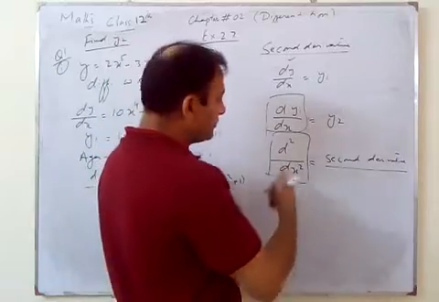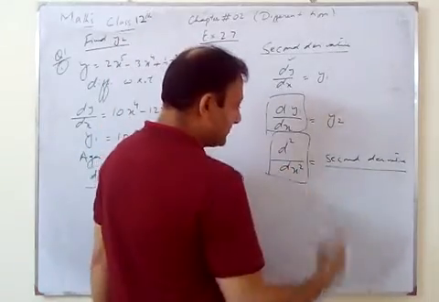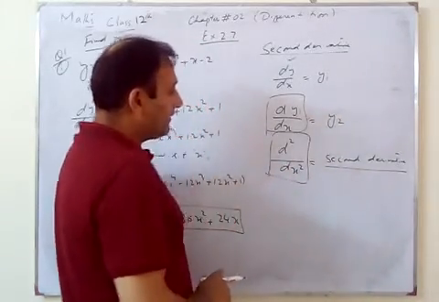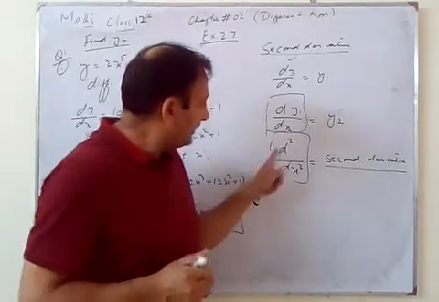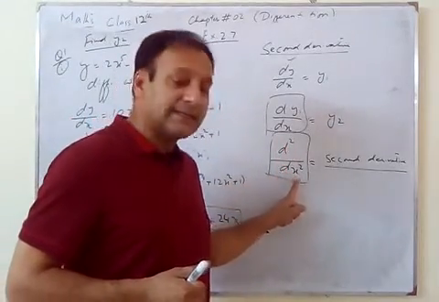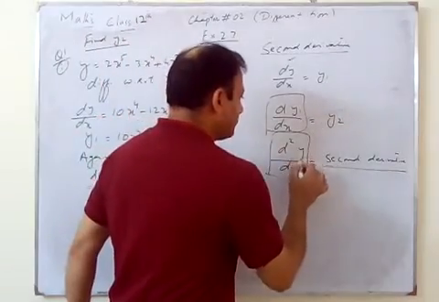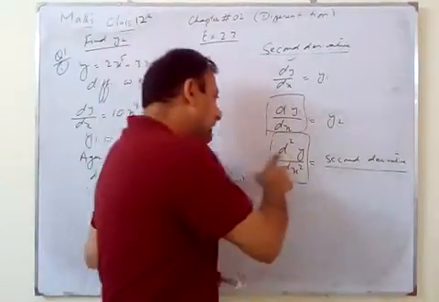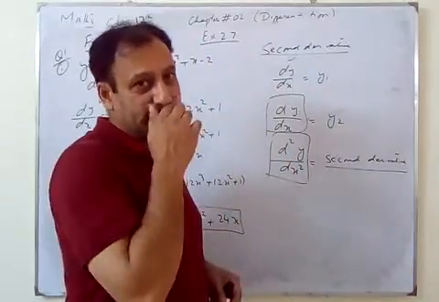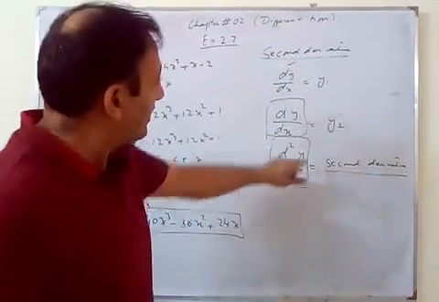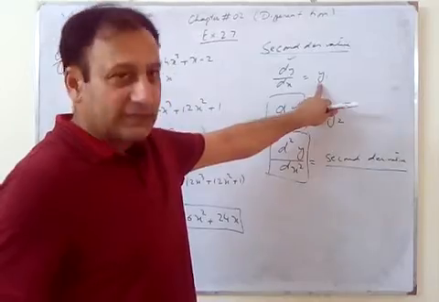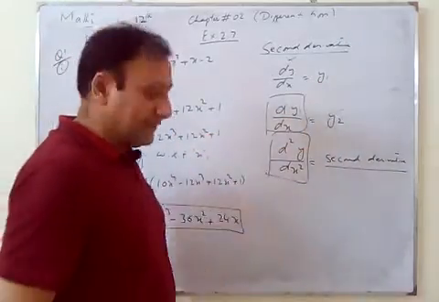If the variable changes, we will change this. So keep in mind that when I write y2, it means the second derivative of y with respect to x. We write y1 for the first derivative and y2 for the second derivative.